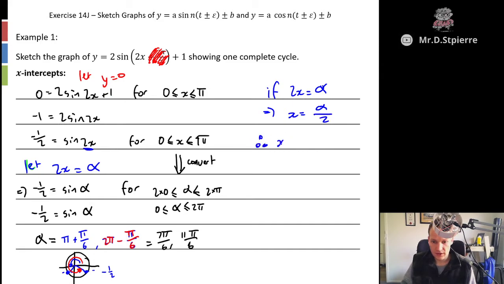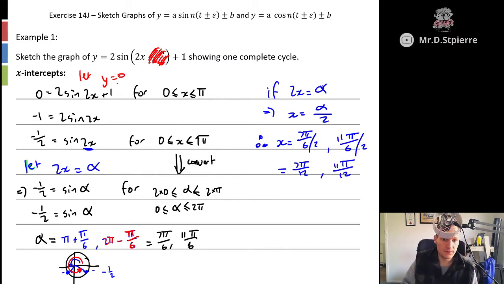Therefore, x is equal to 7 pi on 6 on 2, or 11 pi on 6 on 2. So that will be 7 pi on 12, 11 pi on 12.